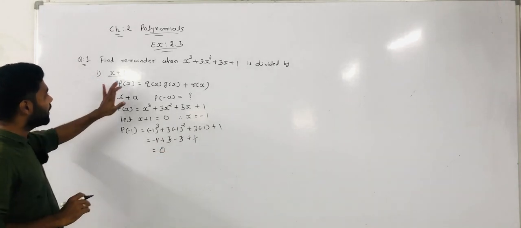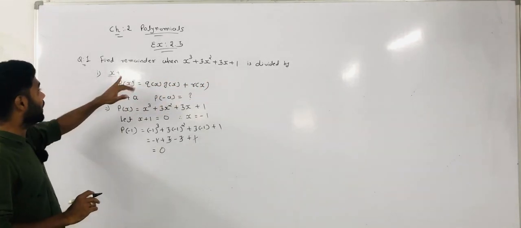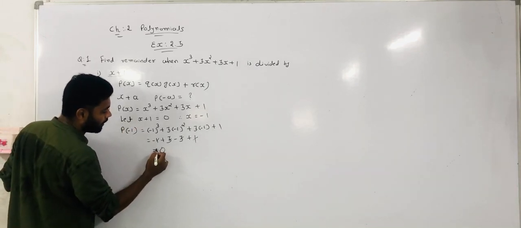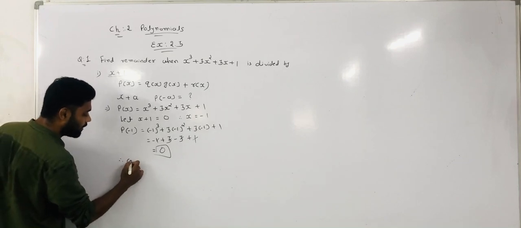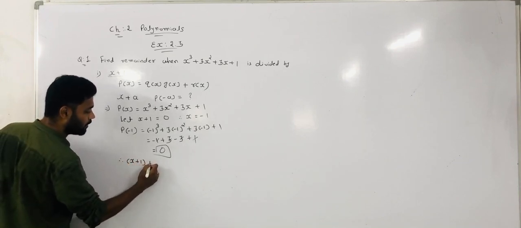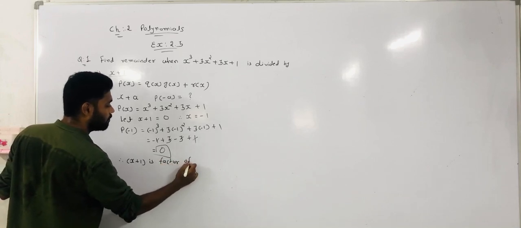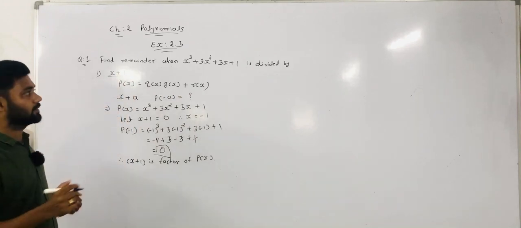So if we divide our polynomial x cube plus 3x square plus 3x plus 1 by x plus 1, we get remainder equal to 0. So we can say that x plus 1 is a factor of our given polynomial p of x.